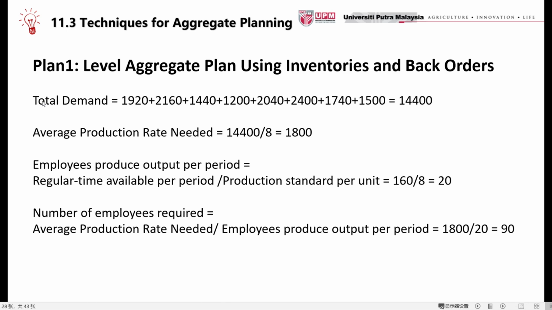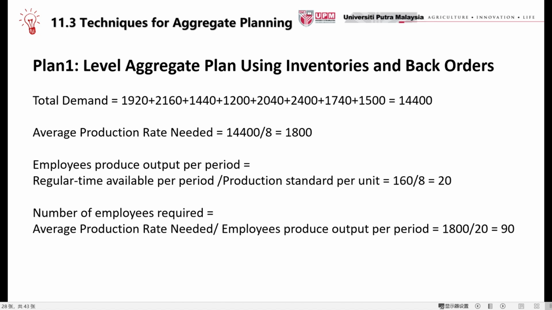At first we need to calculate the total demand. The total demand is the sum of the demand in each period, so we get 14,400.